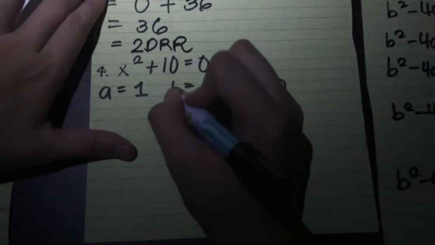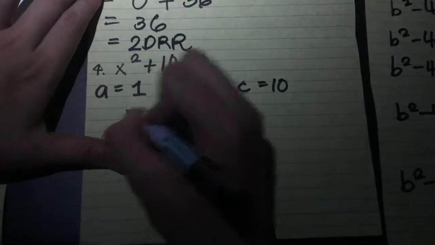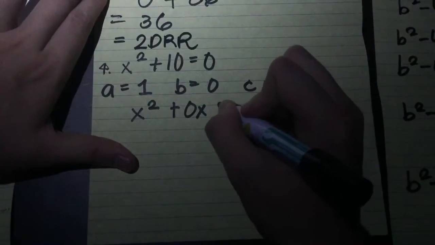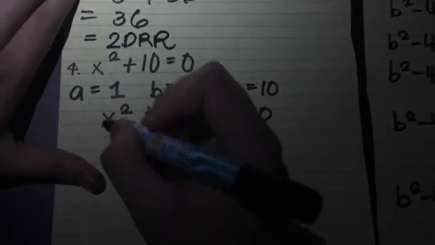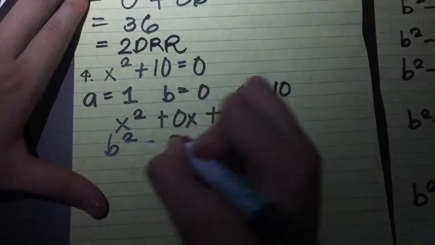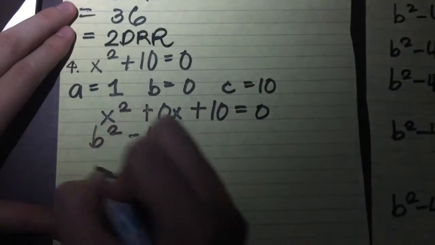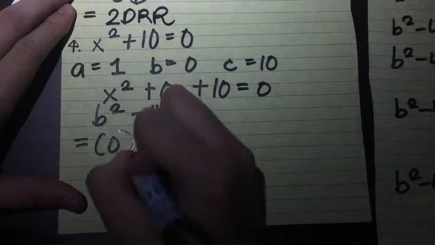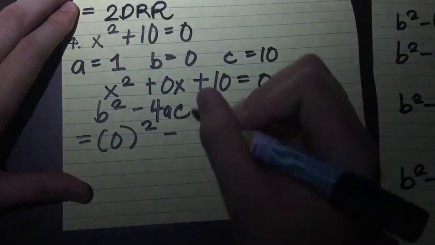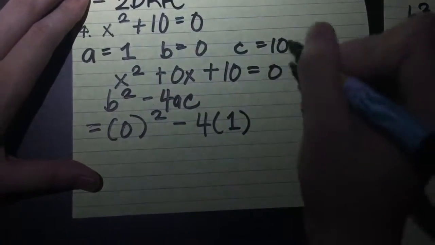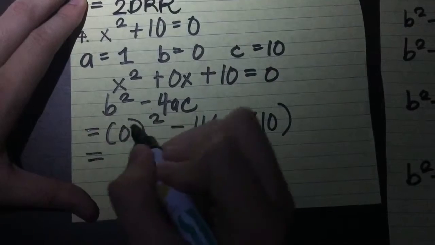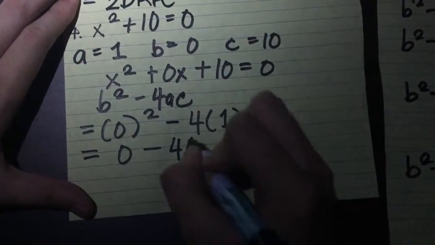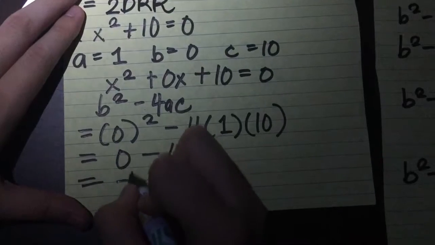Since there is no b, the equation looks like x squared plus 0x plus 10 equals 0. Using the discriminant formula, b squared minus 4ac, we substitute: 0 squared minus 4 times 1 times 10. 0 squared is 0, minus 4 times 1 times 10 is 40. 0 minus 40 is negative 40.